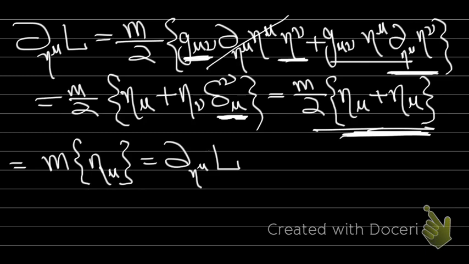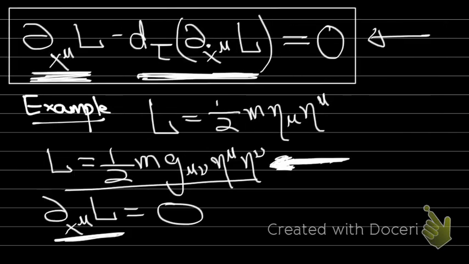And so now the Euler-Lagrange equation, which is this equation over here, the first equation in the box, what does that become? If you substitute the values, we found out that this expression over here evaluated to 0, and we just figured out this other term, which is m times eta mu.